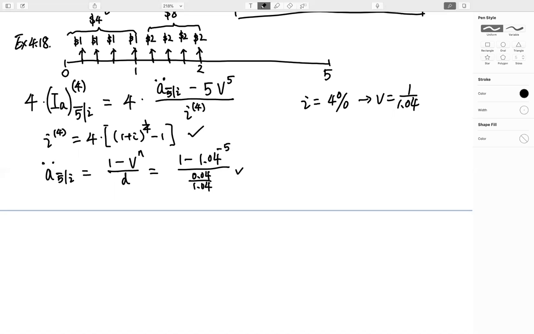So by now I have all the ingredients. So the annuity is given by this. I know v from here, and I know i upper 4 from here. Finally, you should be able to plug in to get all the results. But of course, remember to multiply by 4 to get the final result.